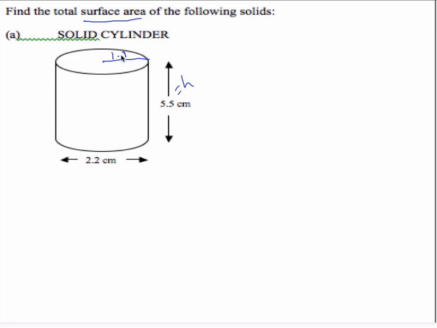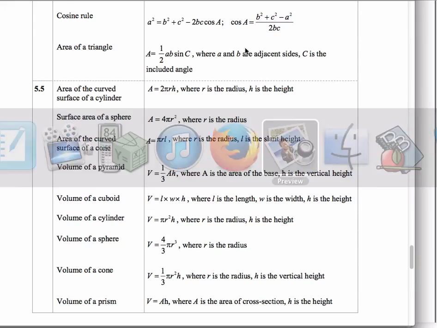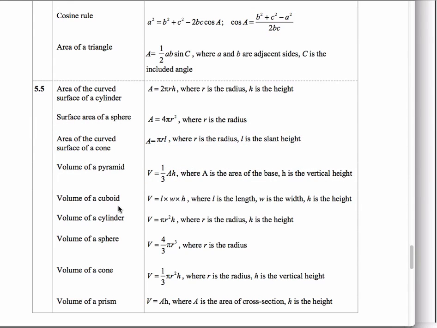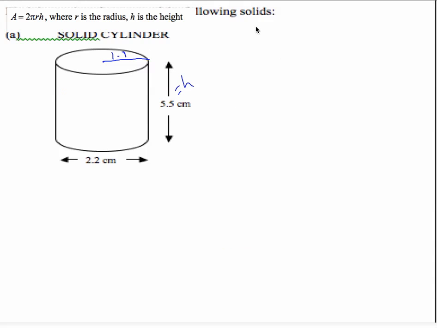Next we need the formula for the surface area of a cylinder, so I'm going to look that up. Now notice it says the curved surface area of a cylinder. It's only the curved surface area.